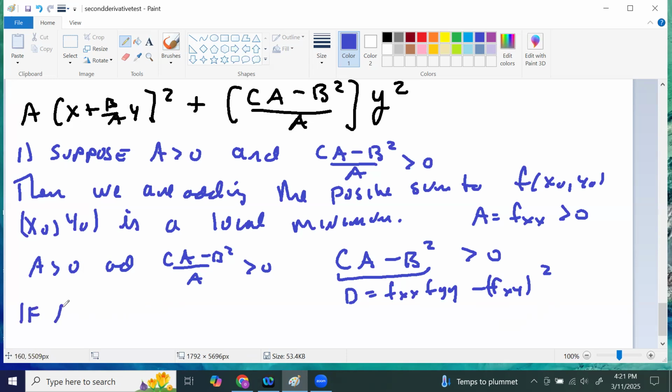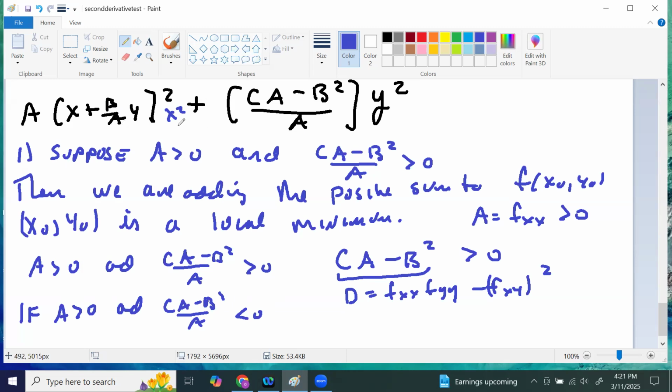If A is positive and (CA minus B squared) over A is negative, well, that means by letting, oh, I forgot my x squared here, but by letting y be 0, we can add when we go in the x is not 0 direction.